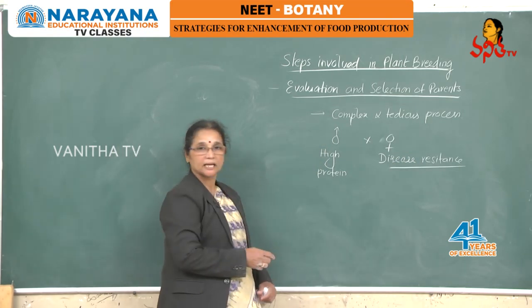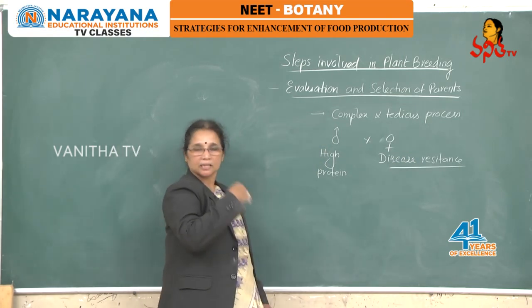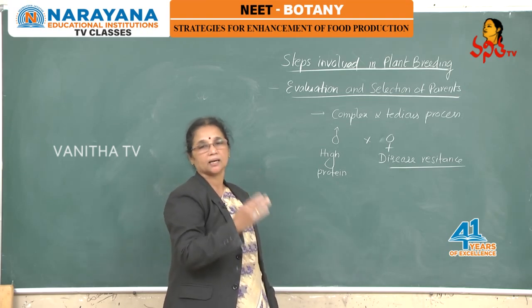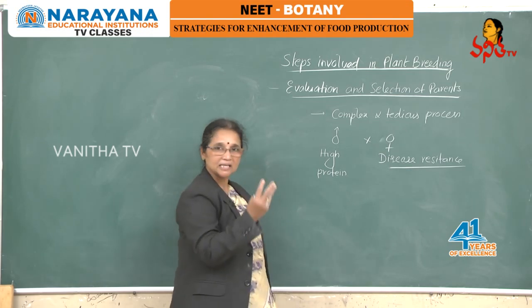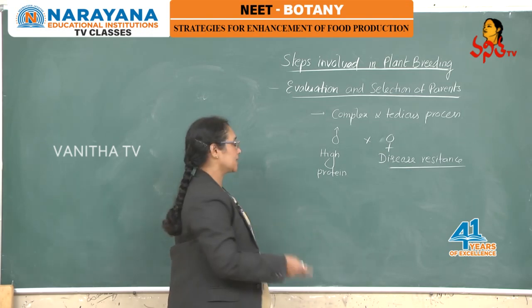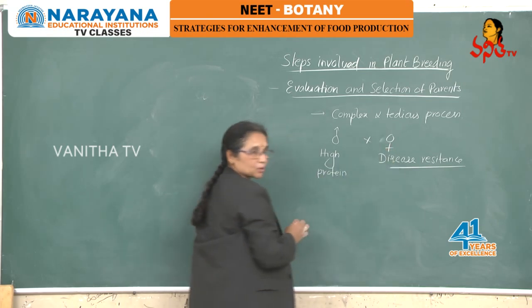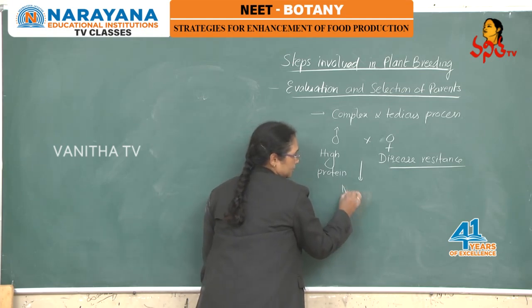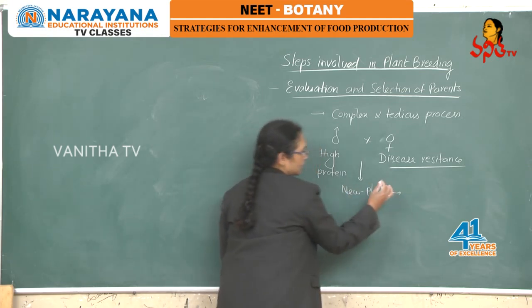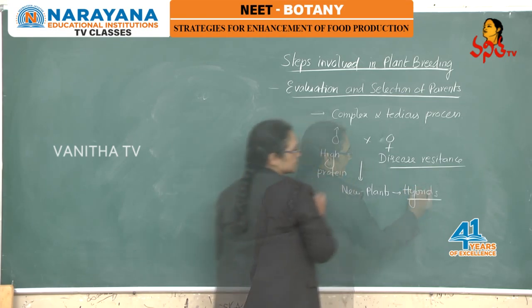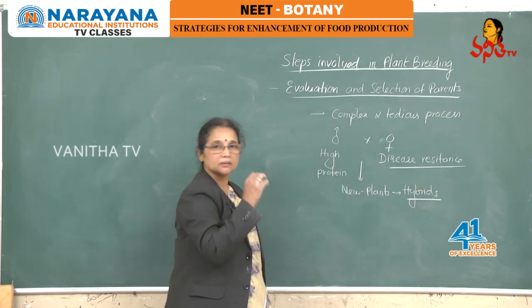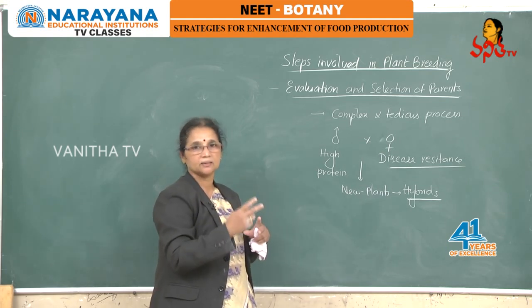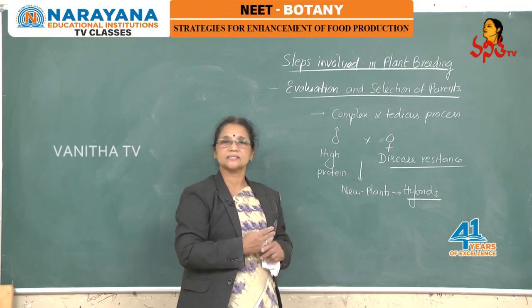So in the third step, cross hybridization, already we selected the parents, pure lines, in the second step, and those plants, after three mechanisms: emasculation, bagging and rebagging, are crossed and they produce new plants which are called hybrids, and because they are produced by combination of two different parents, they have different combinations of desirable characters.